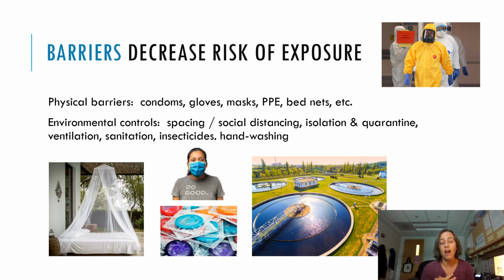Ventilation. We've learned a lot about how important ventilation is in controlling COVID and making sure that you have clean air coming through. Sanitation is more important for other diseases and conditions. You're going to watch some media assignments in this unit about that. Insecticides are a form of environmental controls, right? So killing the mosquitoes so it's safer for people to be out and about. And then hand washing.